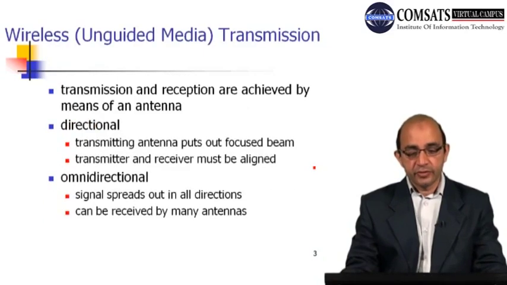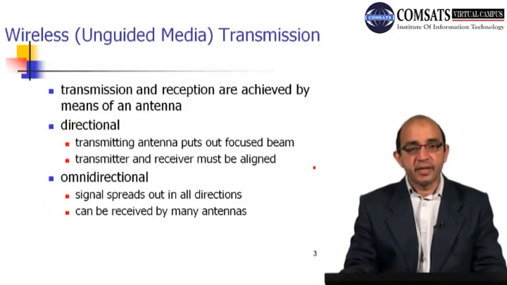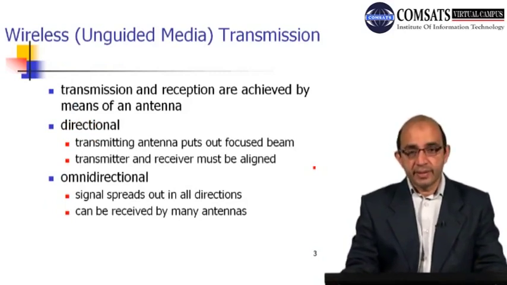So let's start. So first, wireless transmission. As we know, this is an unguided media. As a result, the transmission and reception are being done with the help of antenna. So we can have two different types of transmission when we talk about the unguided media, that is wireless media. First is directional, and the second one is omnidirectional. In directional, we will be focusing on a single point, right?